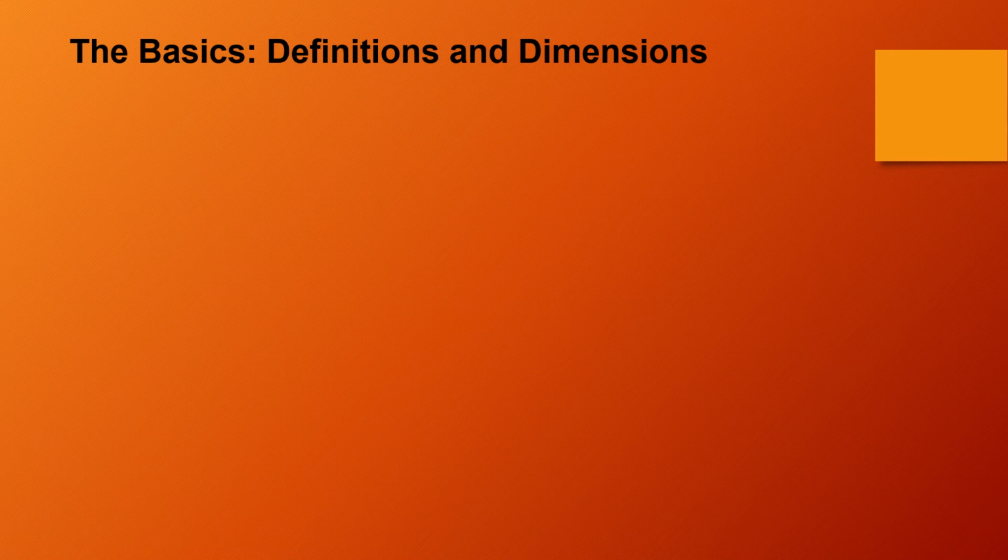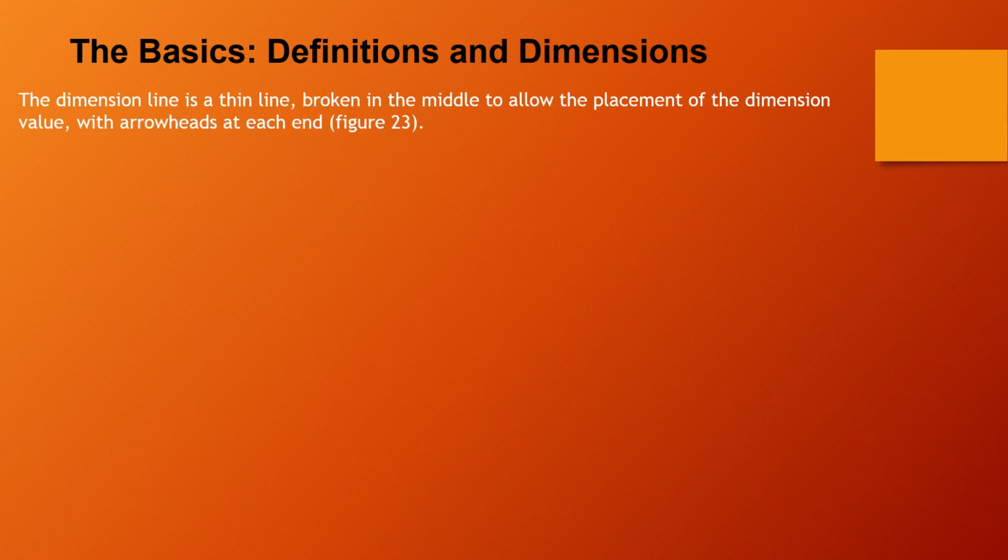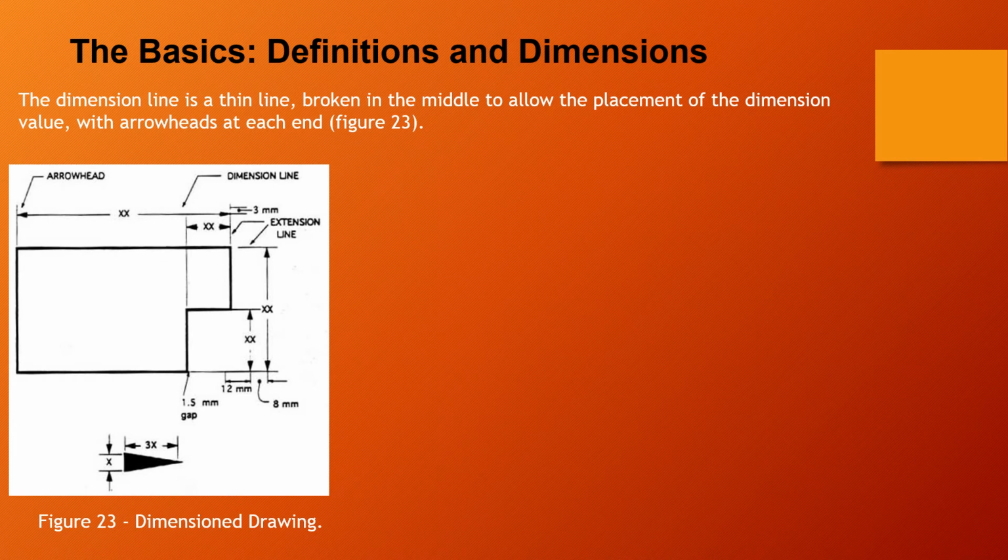Next, move on. The basics, definitions and dimensions. The dimension line is a thin line broken in the middle to allow the placement of the dimension value, with an arrowhead at each end. In figure 23, I will show you here, you can see it.